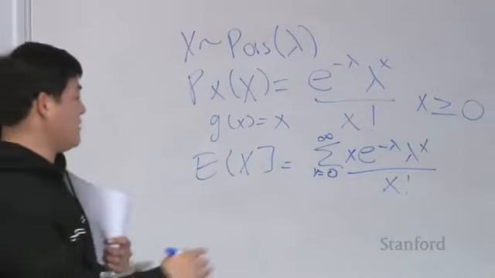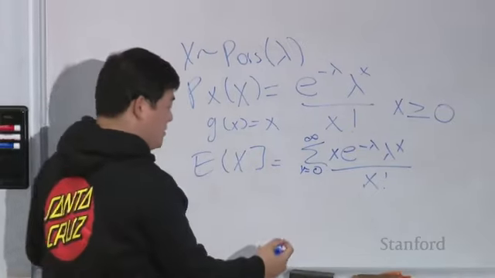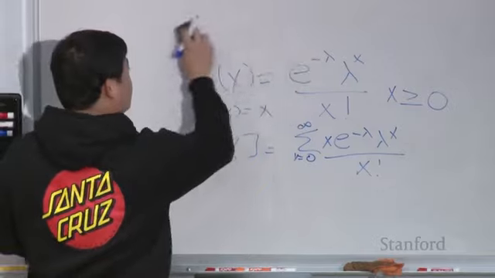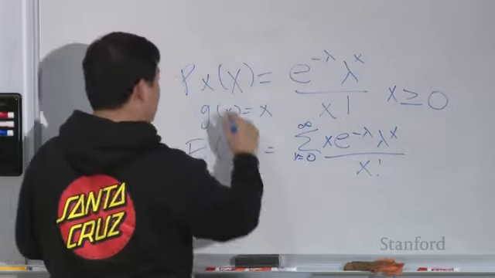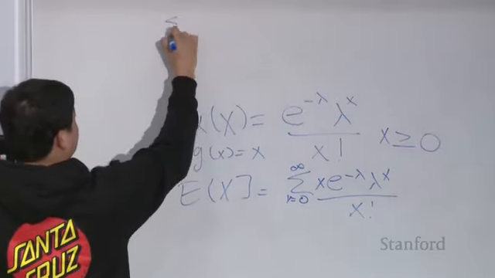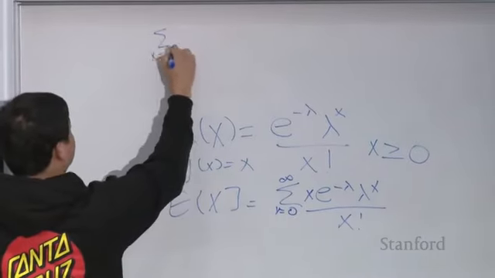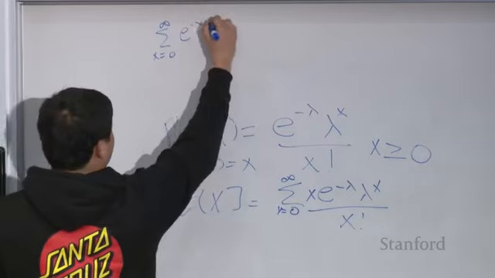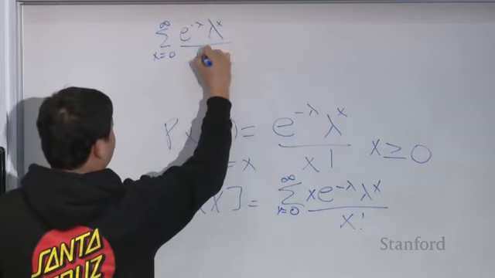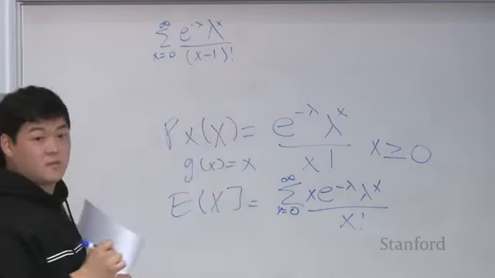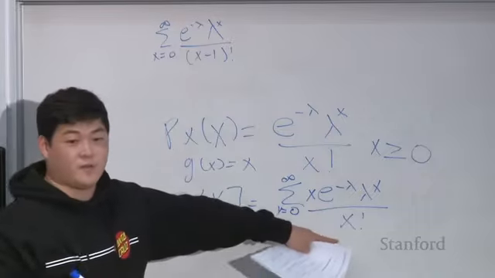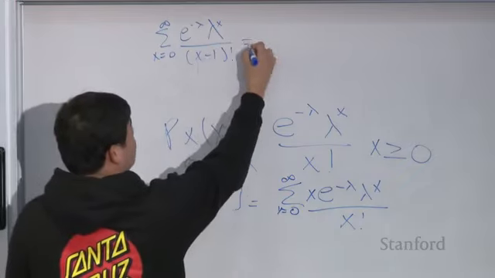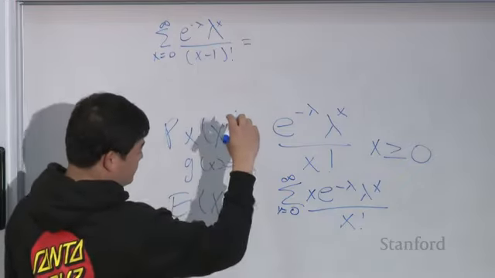And so we notice that the bottom terms can cancel out. So this reduces to the sum over x equal to 0 of e to the negative lambda, lambda to the x over x minus 1 factorial, because we cancel out with one of the terms of the factorial.